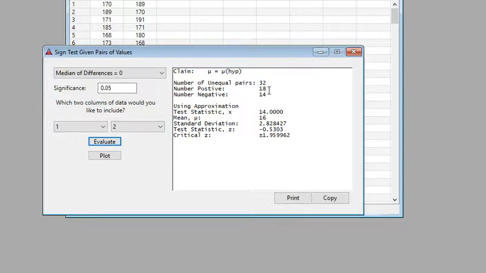There's 32 pairs of data. 18 were positive, 14 were negative. So that means the smaller of those is your test statistic.